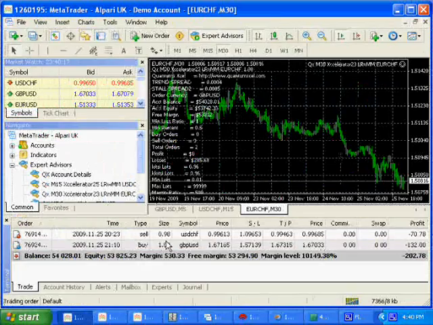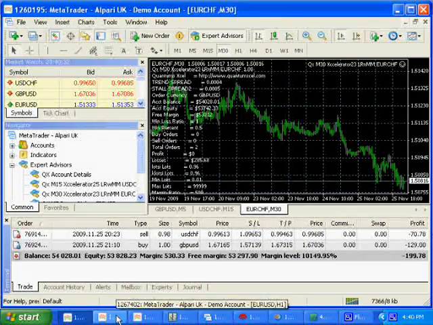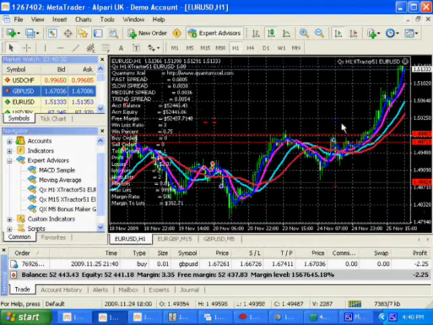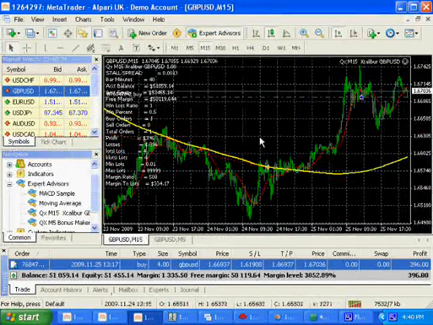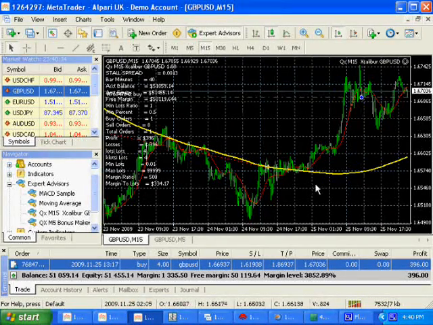The actual closing parameters on the Accelerator are unique, so I can run multiple pairs with it, but it would definitely conflict with the Excalibur. So I need separate accounts to run each of these different strategies.